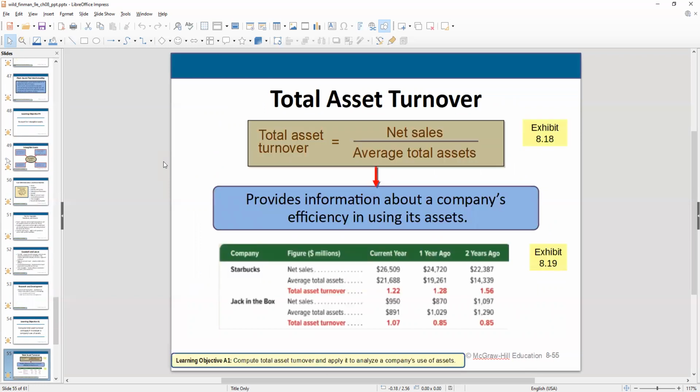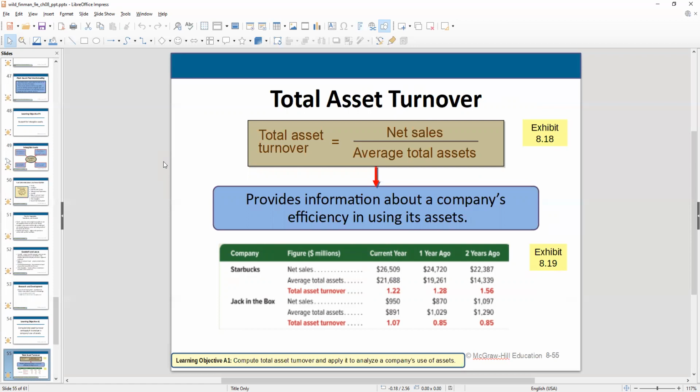Now we have something called asset turnover. That's going to be our formula of the week. You take your net sales divided by average total assets, and this gives you your total asset turnover. This is a measure of efficiency.